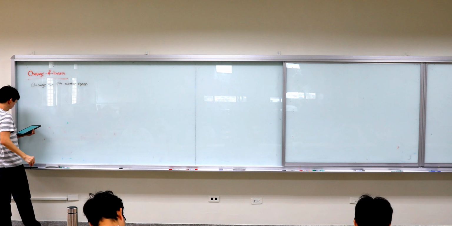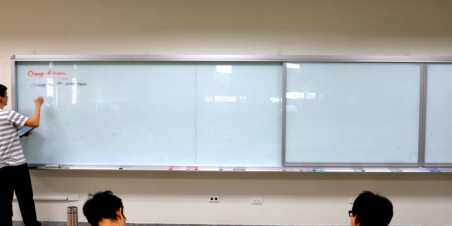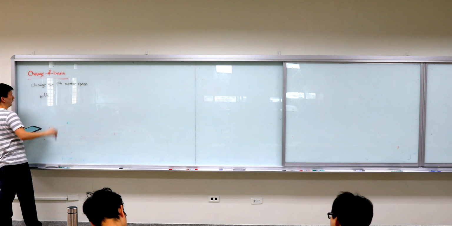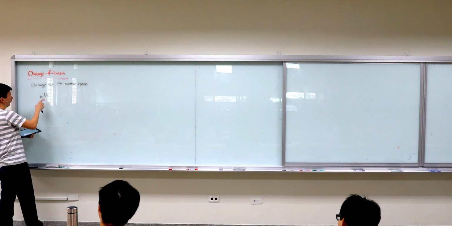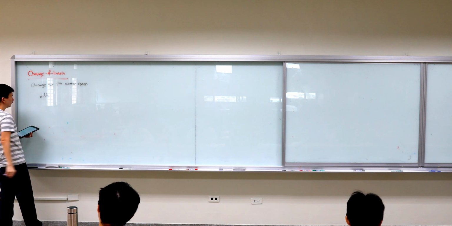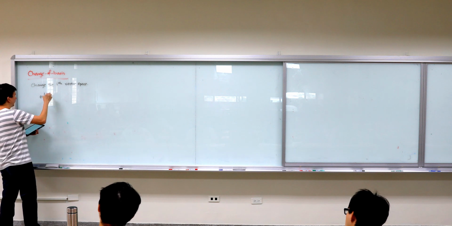So what does that mean? It means you're going to take a unitary operator, but because I have n vector spaces, I need to label my unitary operator U_i. What does U_i do?